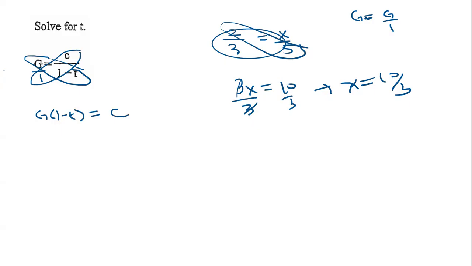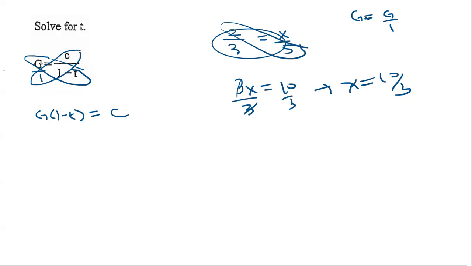Now, I do the rest of this a little bit differently than some other people. What I can do now is divide by g, or I can distribute the g and do it that way. It's up to you, whatever is going to be easier for you.